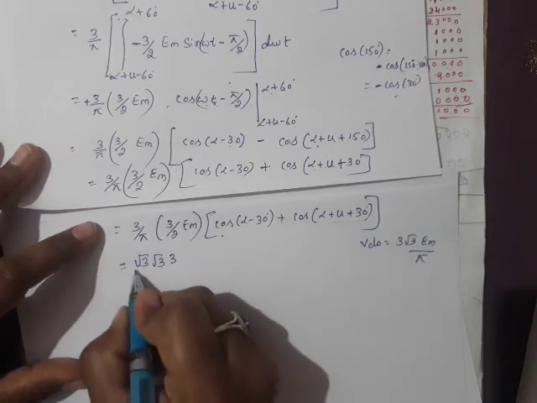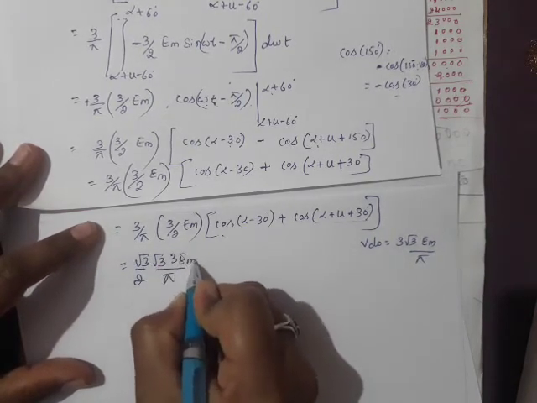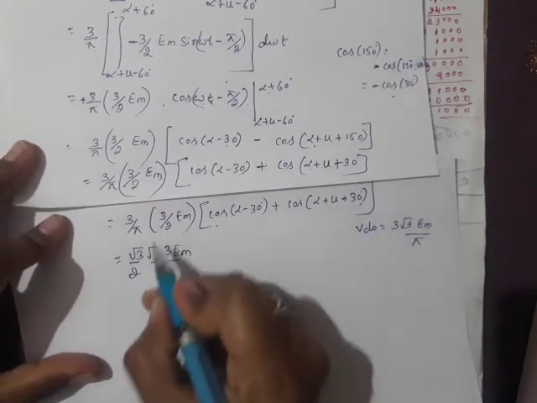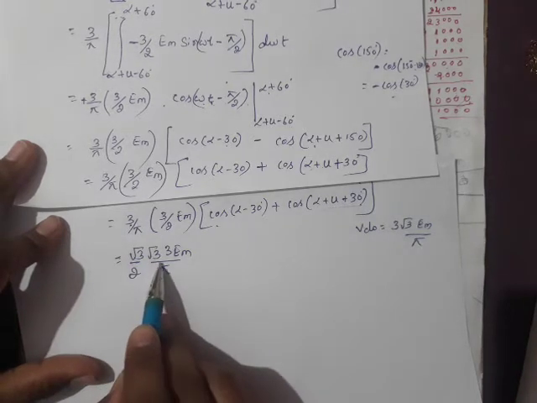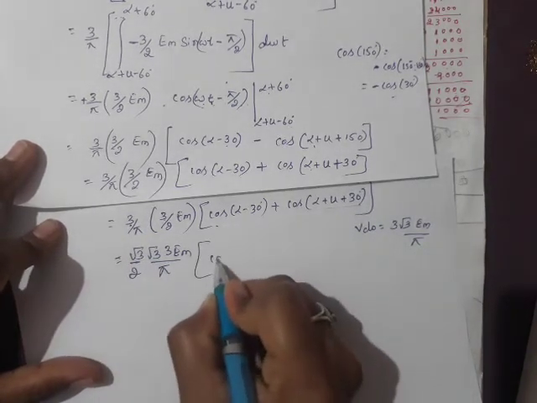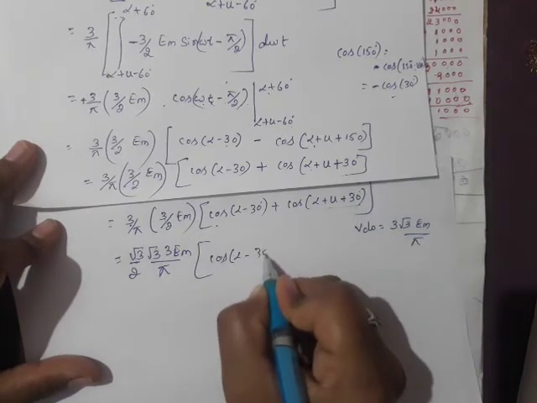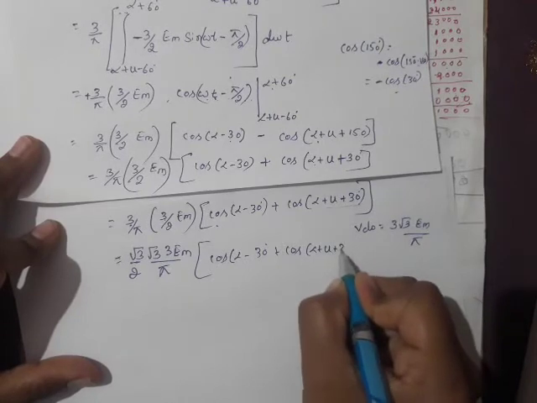This 3 divide by 2 divide by pi Em. I have written the same thing in this format. I have just expanded this 3 as root 3 into root 3. Now we can write this as cos alpha minus 30 degree plus cos alpha plus u plus 30 degree.